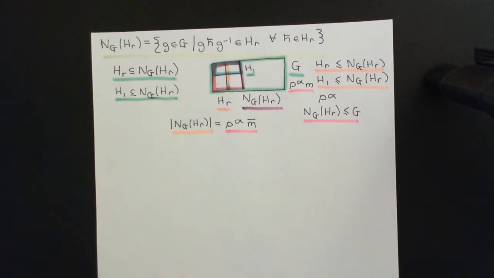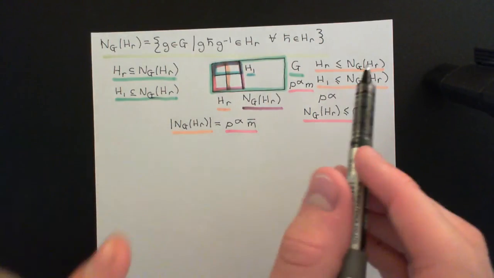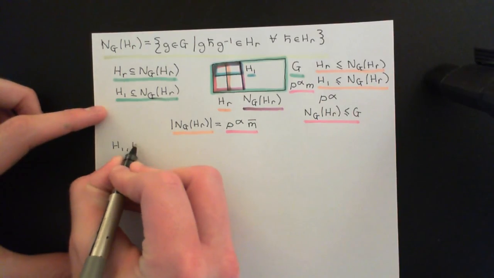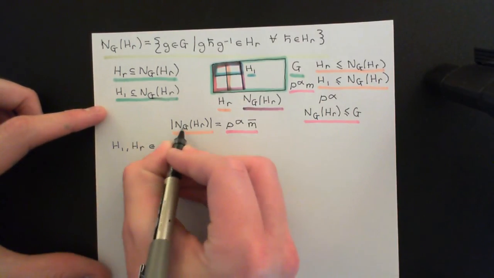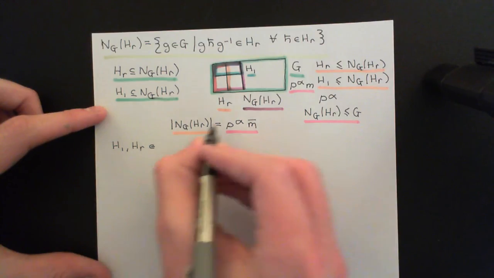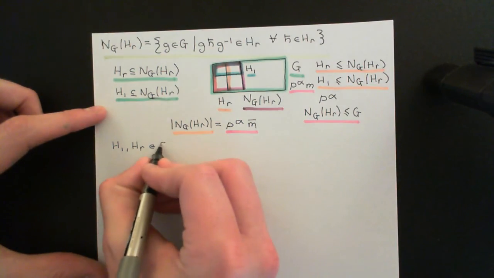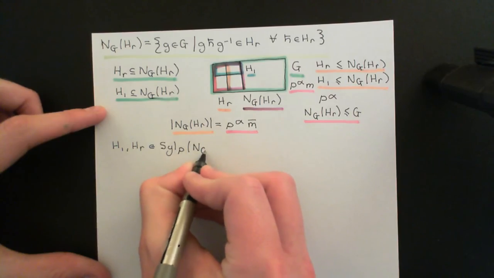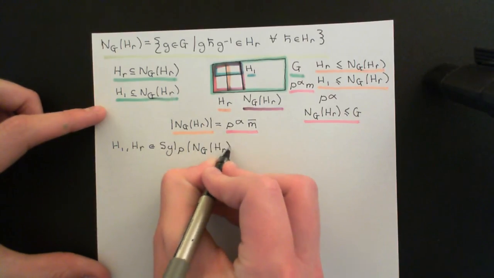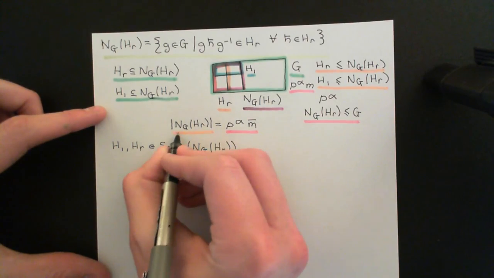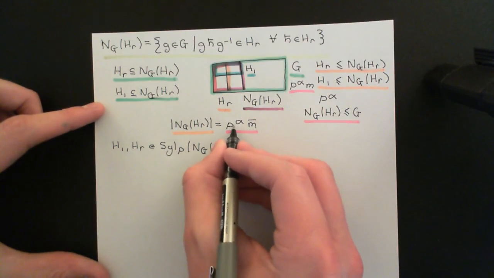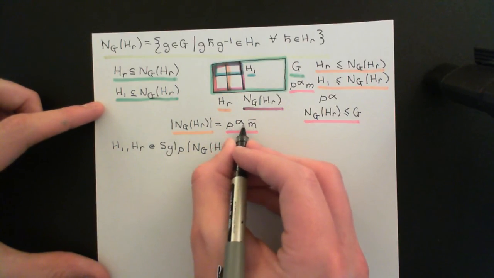Okay, right, so now what we're going to do is we can say, well, H1 and HR then, these are Sylow p subgroups in the normalizer of HR in G. So they are elements of the set of Sylow p subgroups of the normalizer of HR in G, because they are subgroups of this group, and this group has order p to the power of alpha times m bar, so the highest power of p that it has is p to the power of alpha.